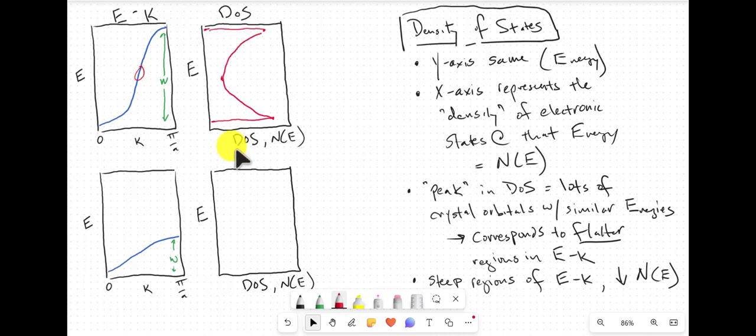So we get something that nominally looks like this, where the maximum density of states, the maximum number of states per unit volume, is going to be where we have the flatter regions at the low values of K and the higher values of K. And then as we change our energy pretty rapidly here, we just have fewer states available over that energy range. And so we start to dip in here and we end up with a shape that looks like this.